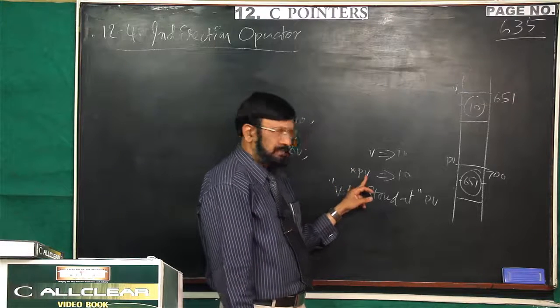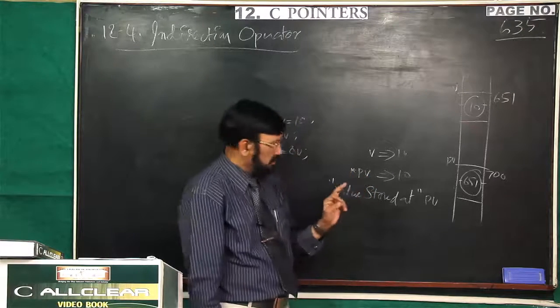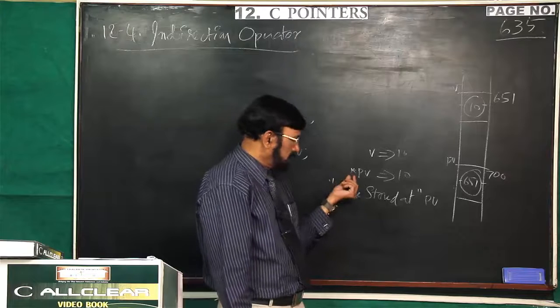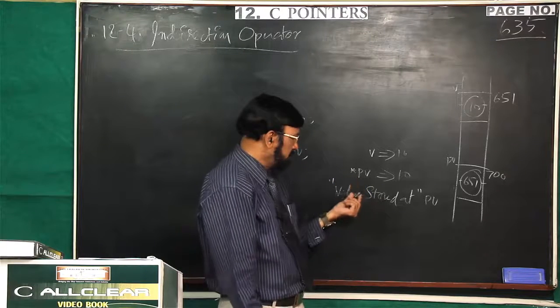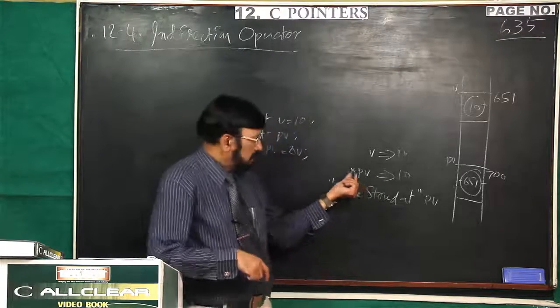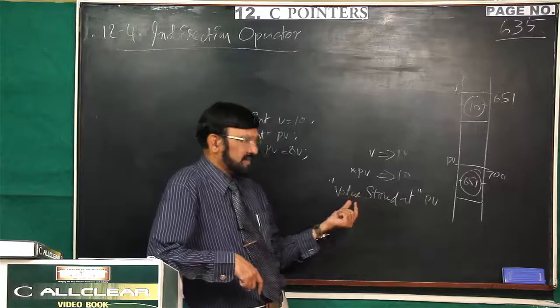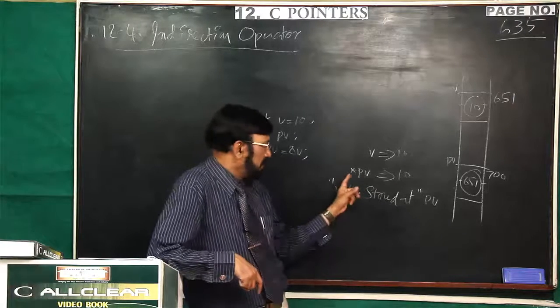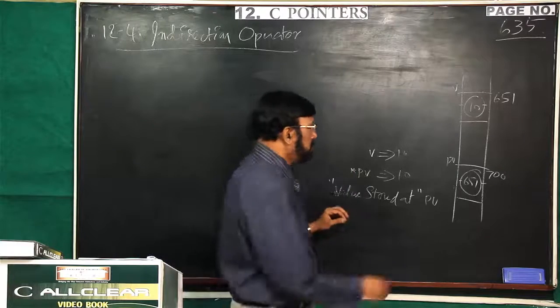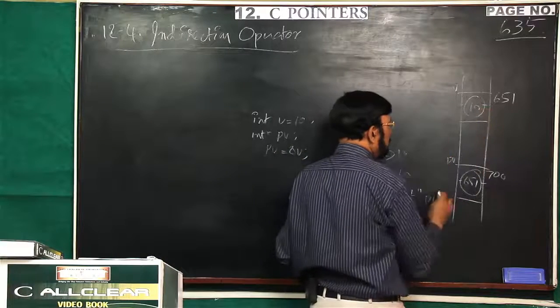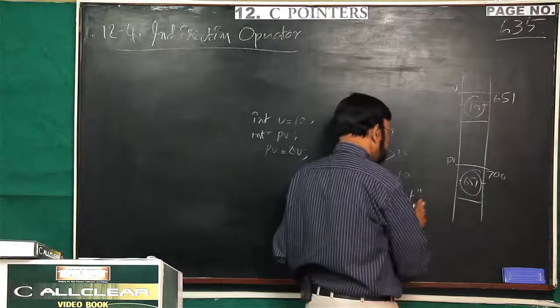Value stored at pv. Whenever the indirection operator is used, you replace the symbol with this phrase, value stored at pv. What is pv's value? Now 651.